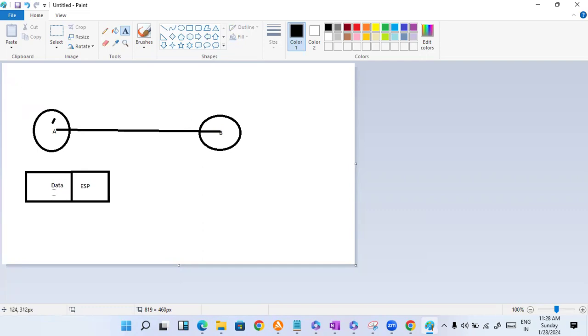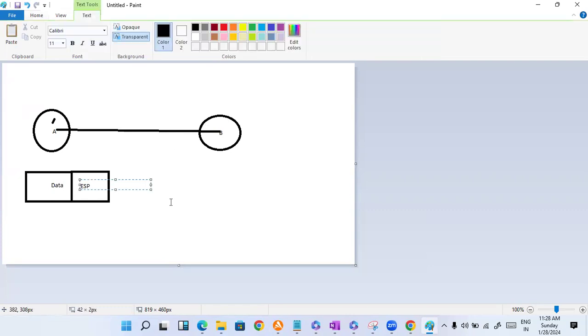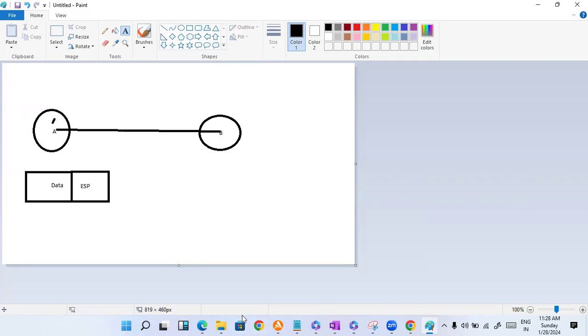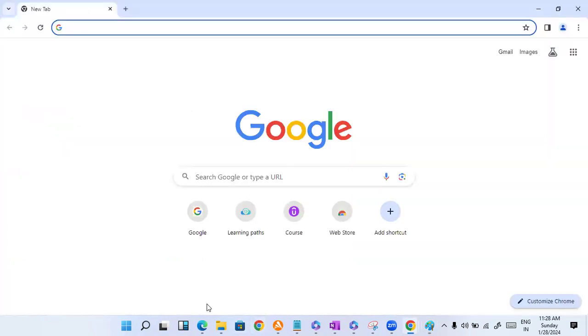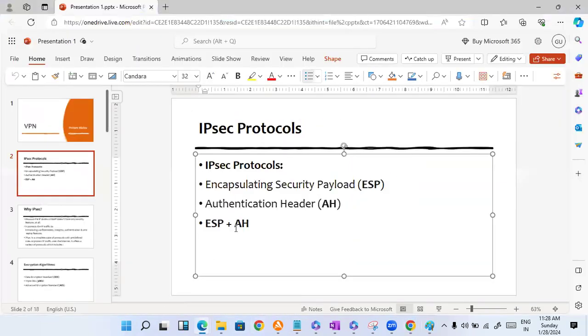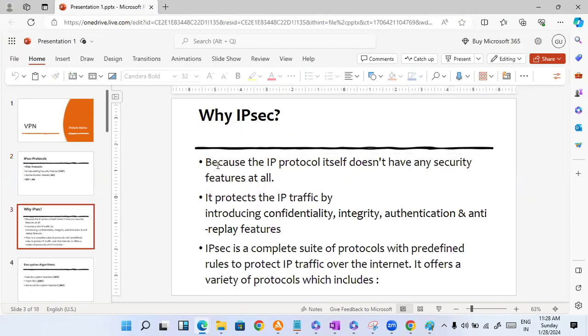Your private data will not be exposed to the external network throughout the transit, traveling from A to B, and similarly from B to A. So that was the concept. ESP has different flavors, and the authentication header also has different flavors, and we sometimes use a mixed mode of ESP and AH. I will explain these bit by bit.